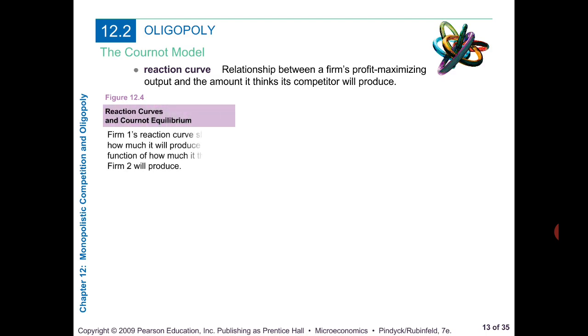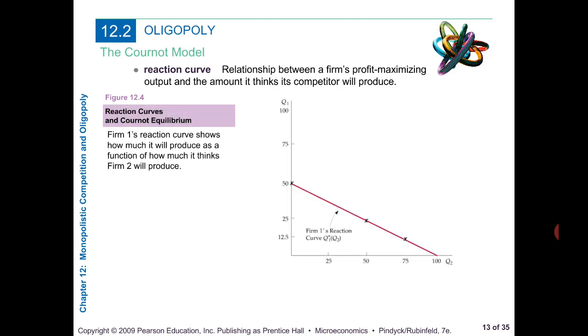Now, let's take those red numbers that I listed just now, Q1, Q2, and we put this in a graph where you have Q1 and Q2, and then we plot the numbers. When Q2 is 0, Q1 is 50, remember?